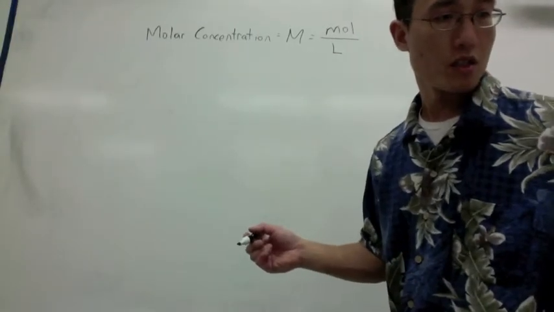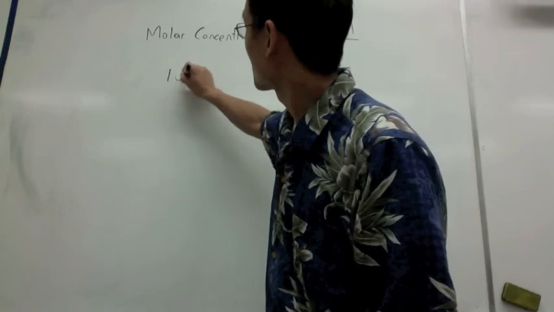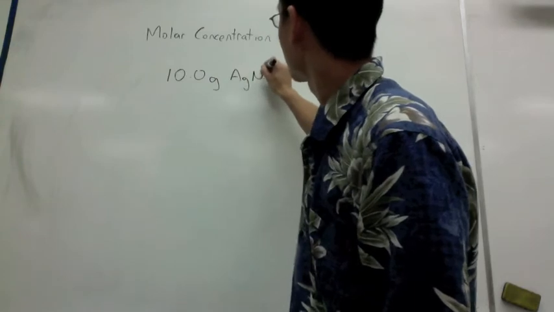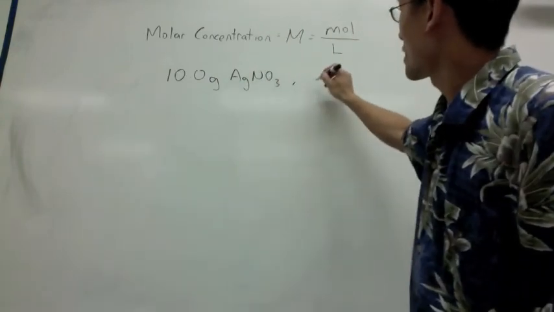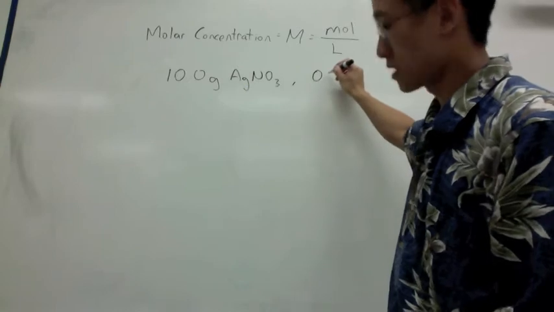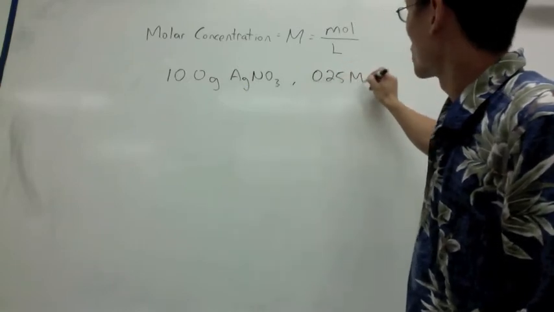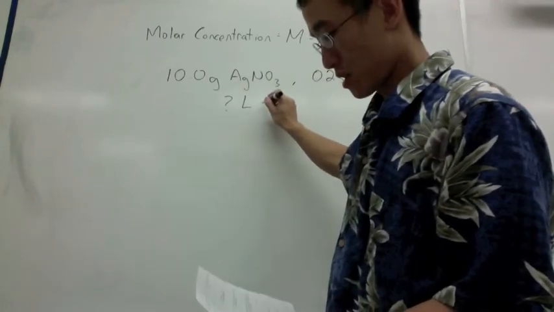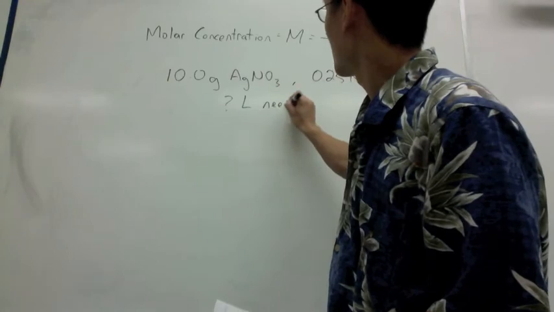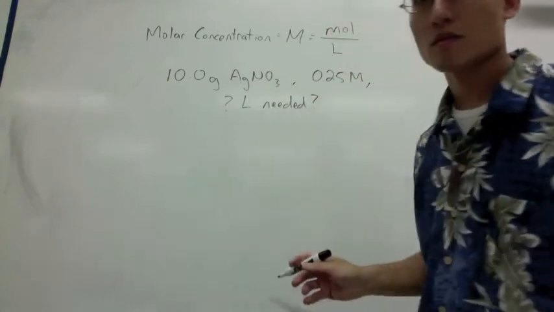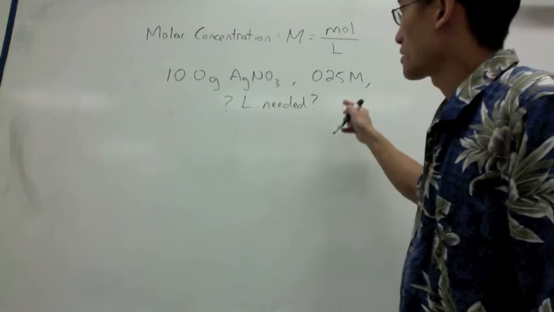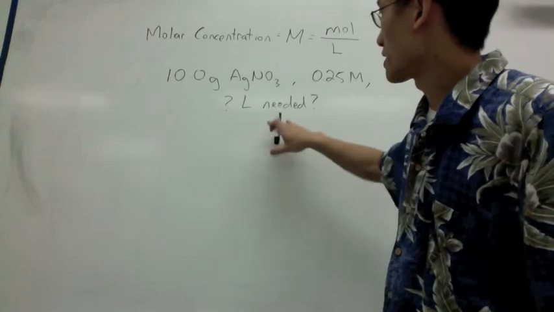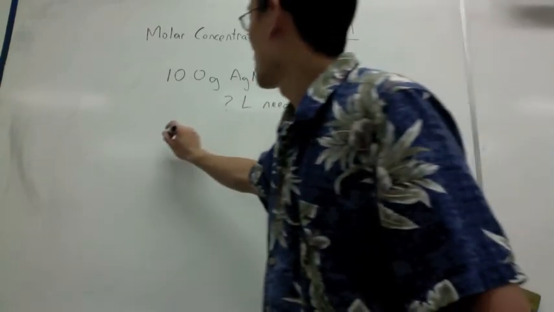Given 10 grams, prepare a 0.25 molar solution, what is the volume needed? Okay, so in this case, I have molarity, I have grams, which I can change to moles, and then I can determine the volume.